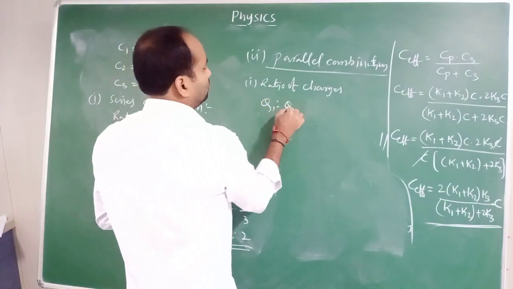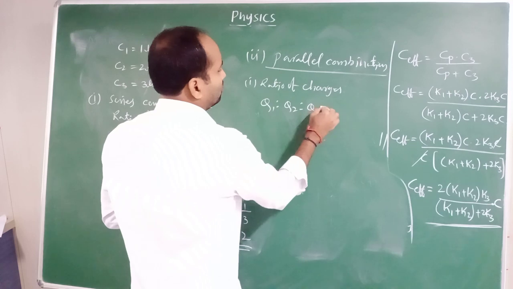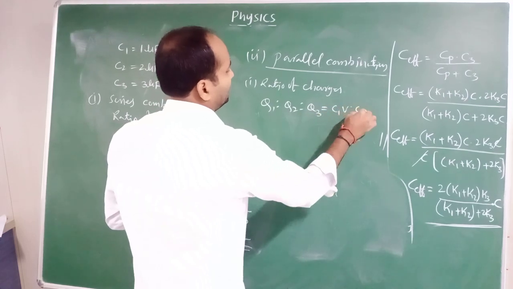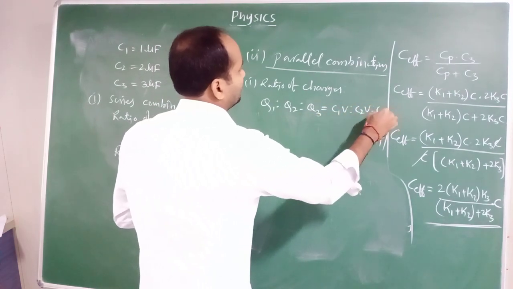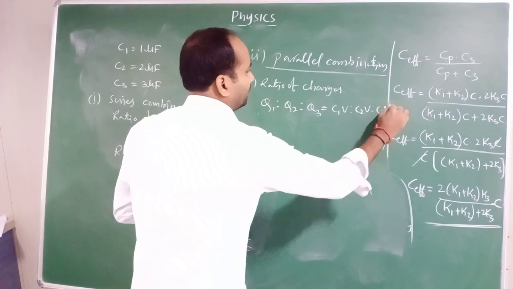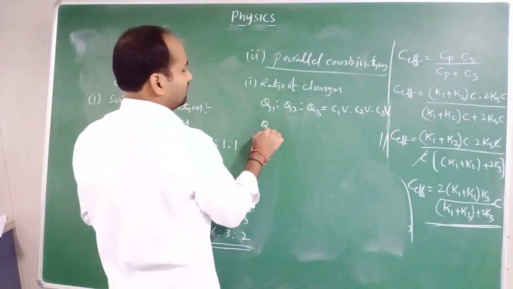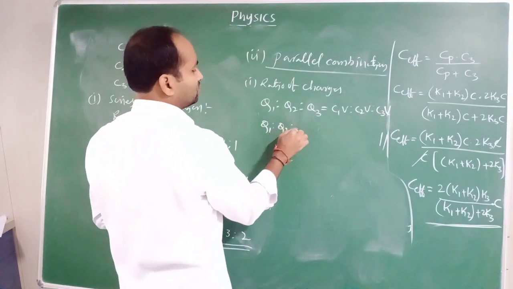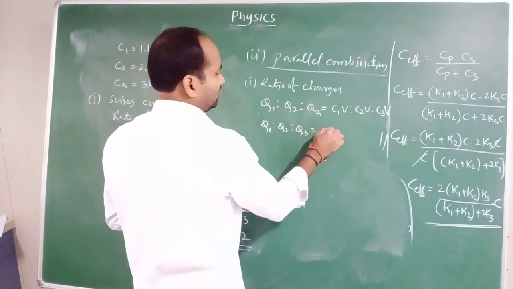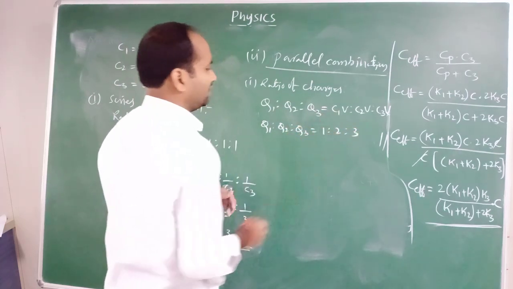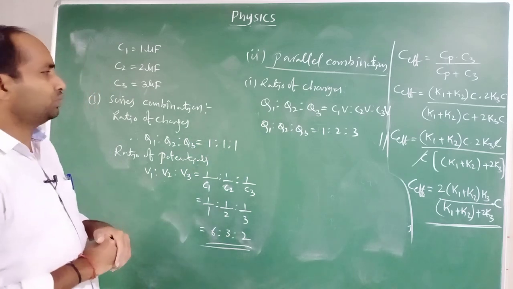Q1 is to Q2 is to Q3 is equal to C1V is to C2V is to C3V, that is 1 is to 2 is to 3.